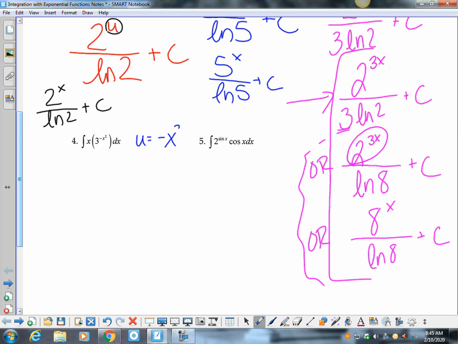If I let my u be my power, then my du is going to be negative 2x dx. And I have the x and the dx. I need a negative 2, so I'm going to balance it with a negative 1/2, integral of 3 to the u du.